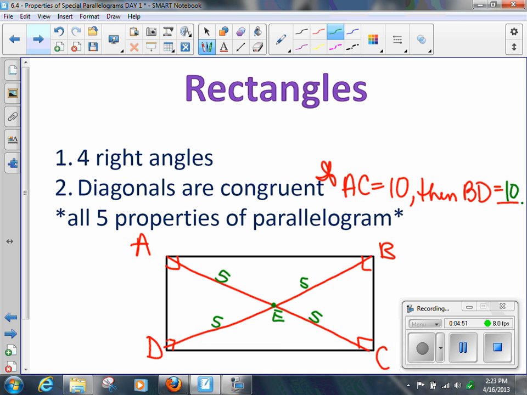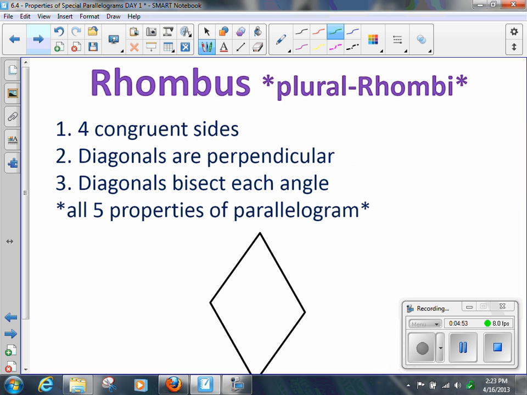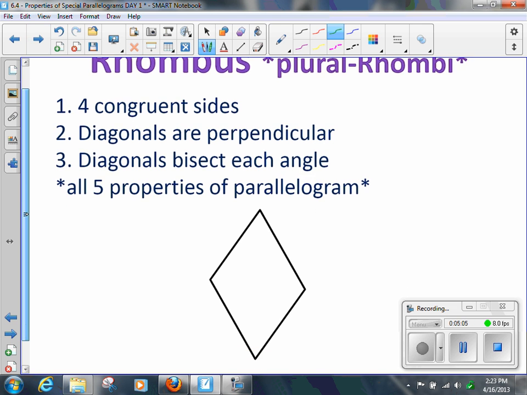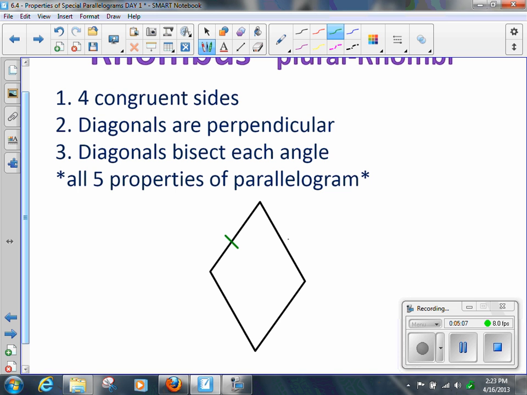Look at another one. Rhombus. The plural of rhombus is rhombi. 4 congruent sides. All right, I'll buy that. Let's call this thing ABCD.